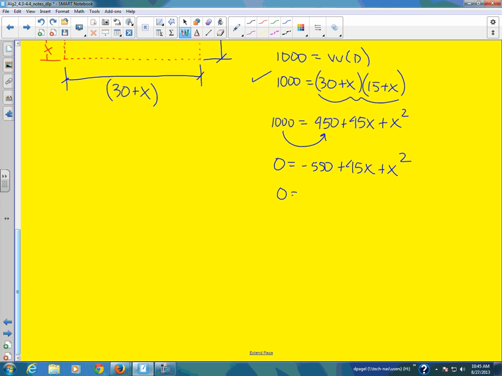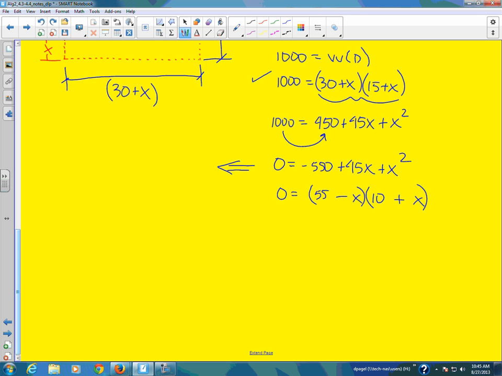If we were to factor this, we would get an x and an x. And let's see, 55 times 10 is 550, and we want it to be that. I know it looks different because we're kind of backwards from what we're used to seeing.